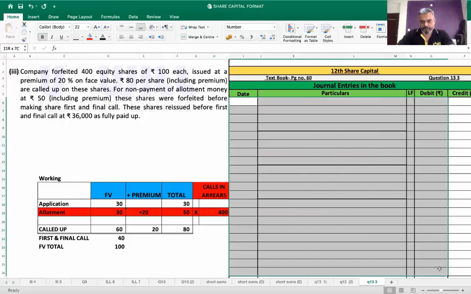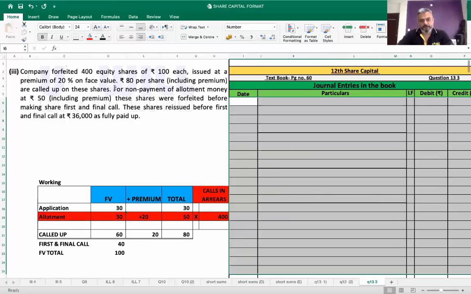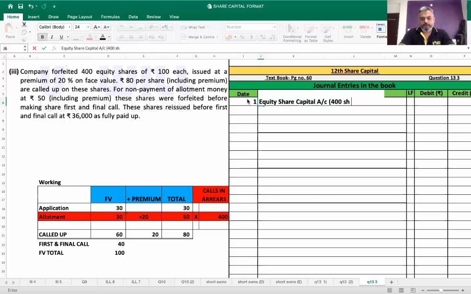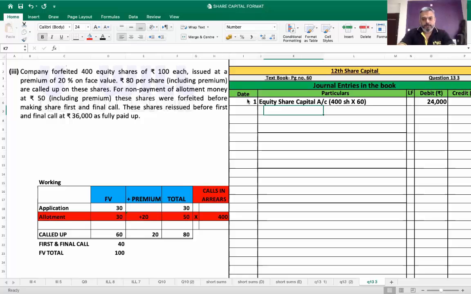Now over here, let's first write the entry for cancellation of share. So first, equity share capital account debit, 400 shares into always the face value called up, that is 60 rupees. So 24,000. Premium was not received, so securities premium account, 400 shares into 20, 8,000.